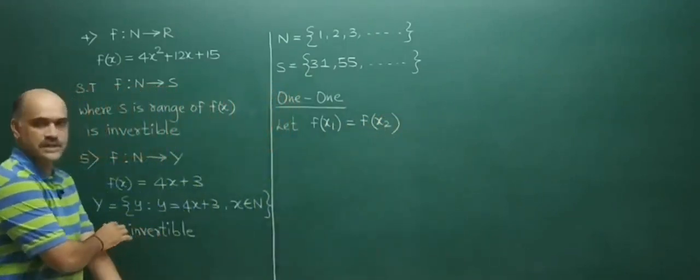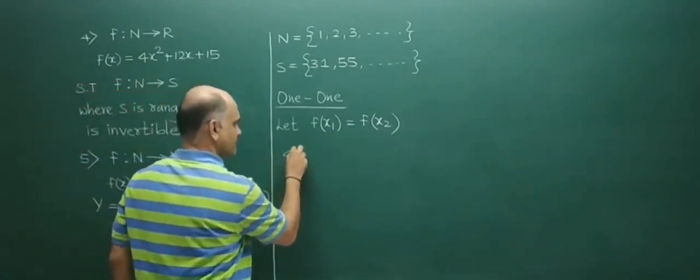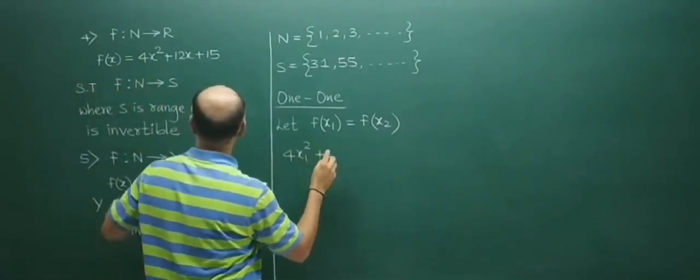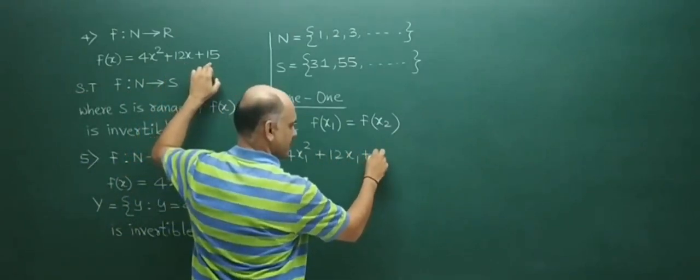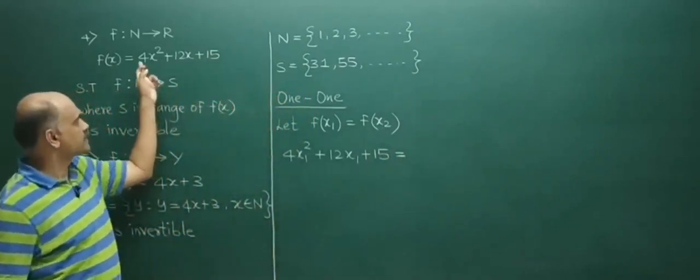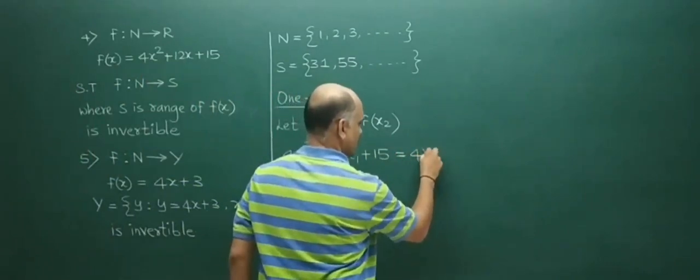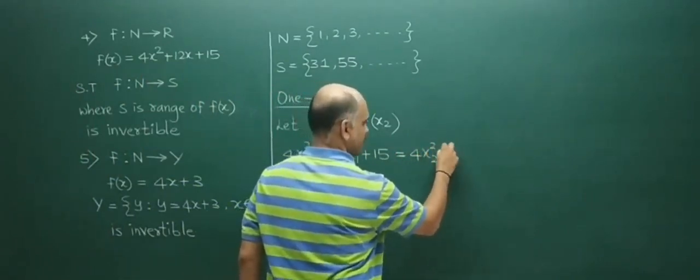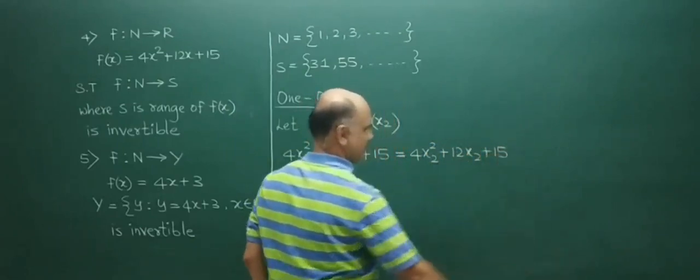Now substitute. So f of x1 will be 4x1 square plus 12x1 plus 15 is equal to f of x2. Substitute x2 in place of x. So 4x2 square plus 12x2 plus 15.